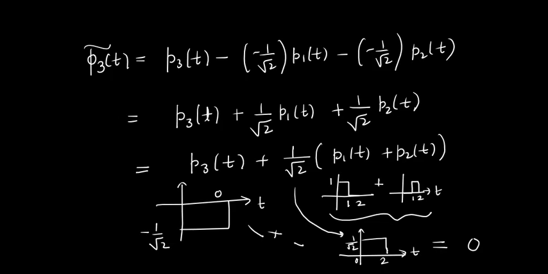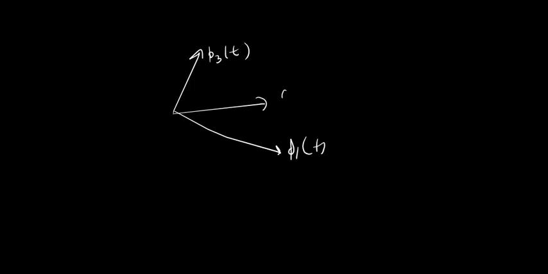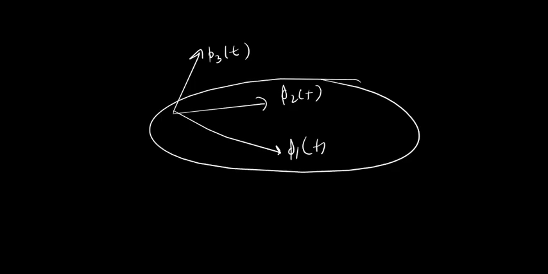It means there is no third orthonormal basis. What does it mean? It means P3T can be represented using the previous phi 1t and phi 2t. What I told you is that this is your P3T, you have to project it over phi 1t and phi 2t, if this is the space. But if P3T already lies in this space, there is no projection, right.